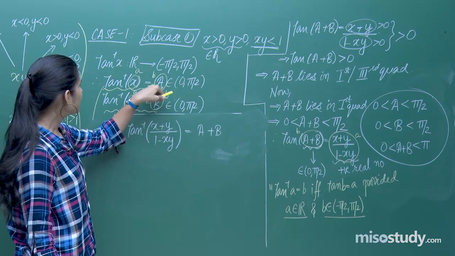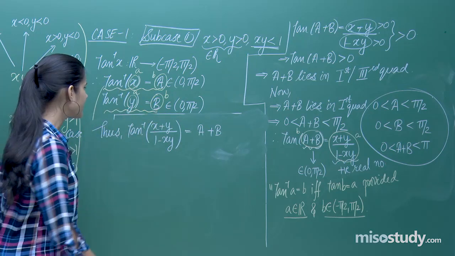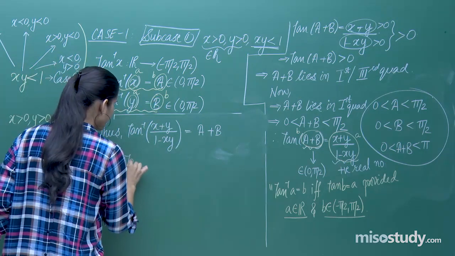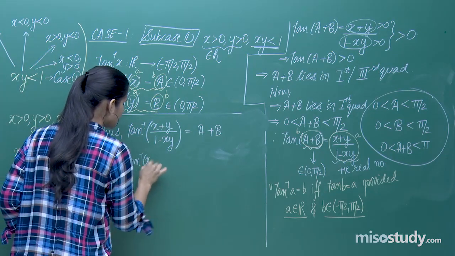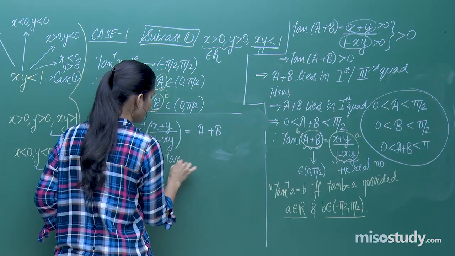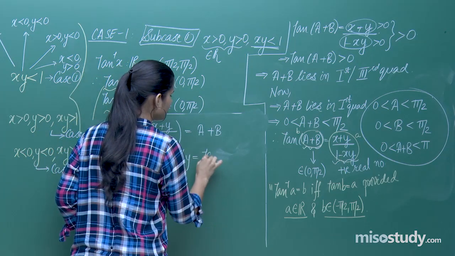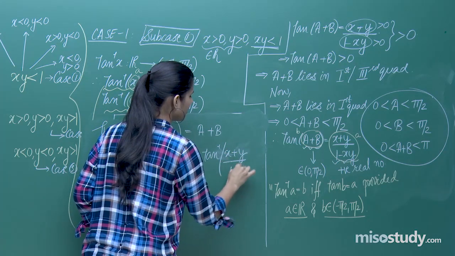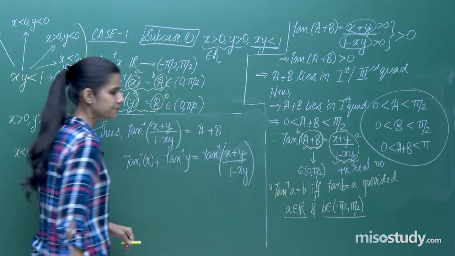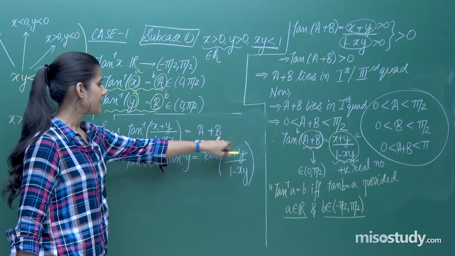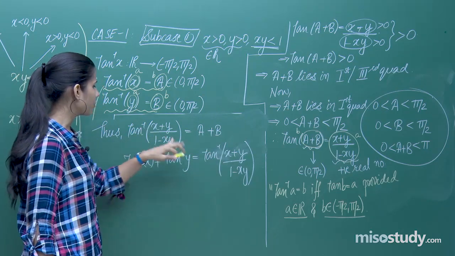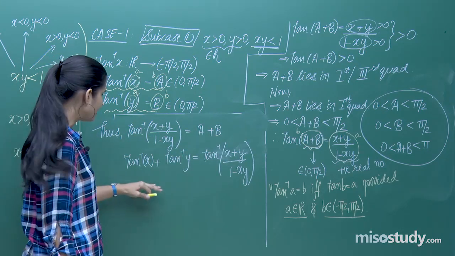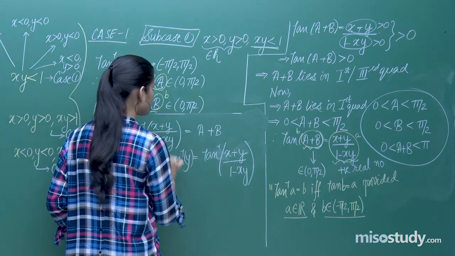But we have written capital A is tan inverse x and capital B is tan inverse y. So tan inverse x plus tan inverse y is equal to tan inverse of (x plus y upon 1 minus xy). And this is the proof.